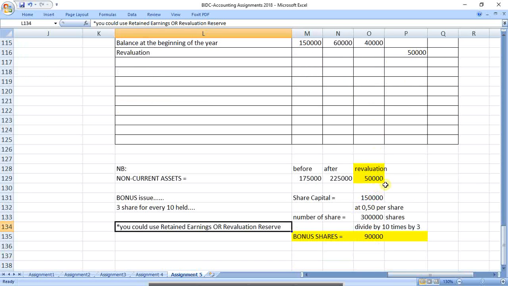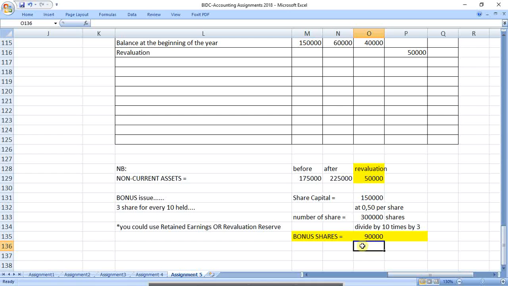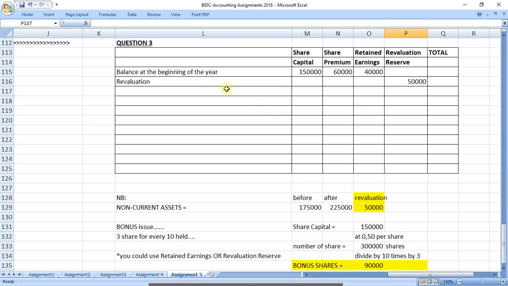Okay, so how much am I going to issue? 300,000, 90,000 shares, bonus shares. Okay, how much are these shares worth? 0.50. Okay, 45,000. Alright, so let's write that in.